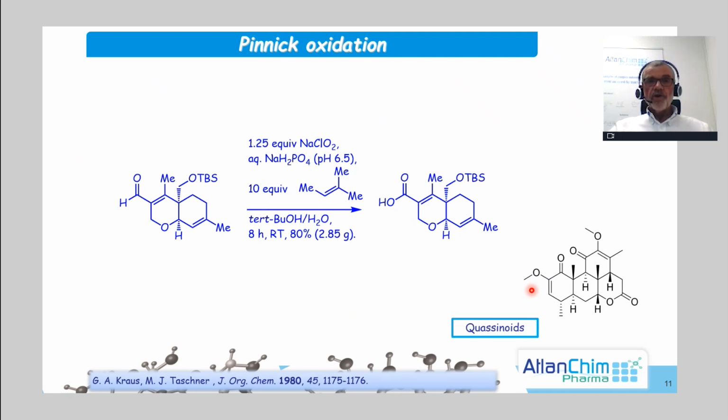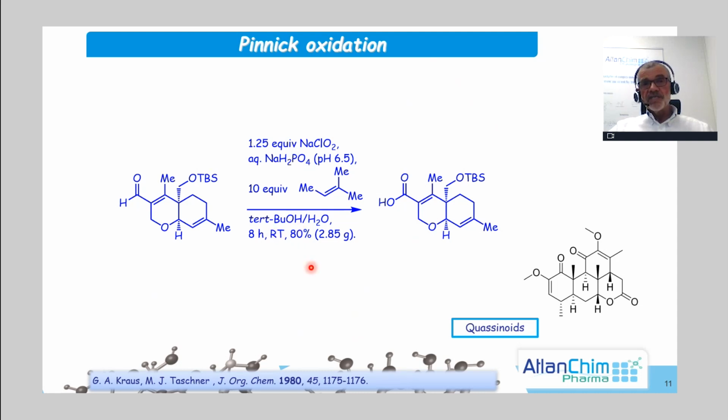A few years later, in 1980, in the course of the total synthesis of quassinoids, Kraus was the first to use 2-methyl-2-butene as a scavenger with an aqueous solution of sodium dihydrogen phosphate buffer at pH around 6.5 in a mixture of tert-butanol and water at room temperature.